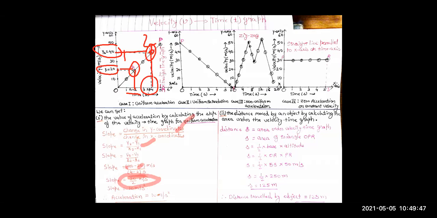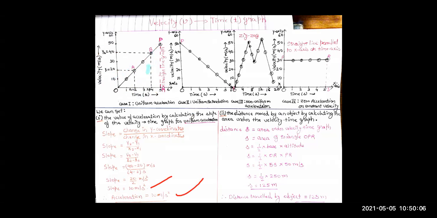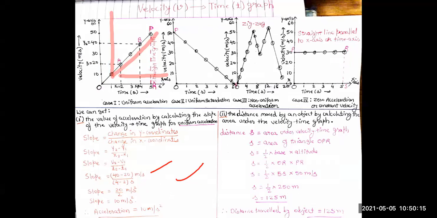Seconds get multiplied and you get the unit meter per second square. Your answer is 10 meter per second square, and meter per second square is the SI unit of acceleration. So by finding the slope of the velocity time graph, we can find the value of acceleration.